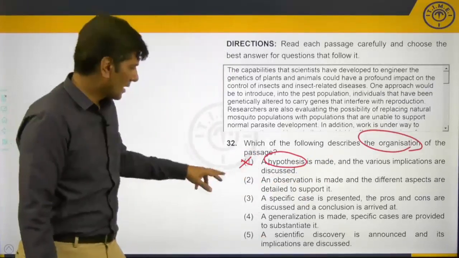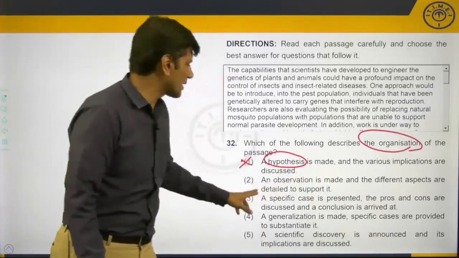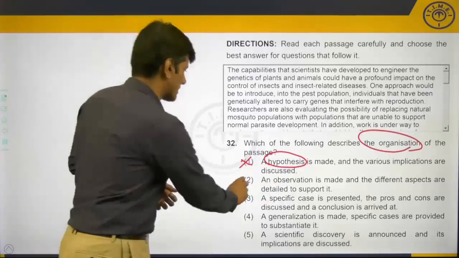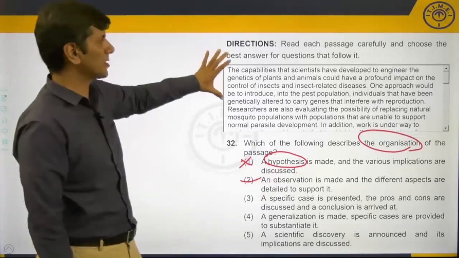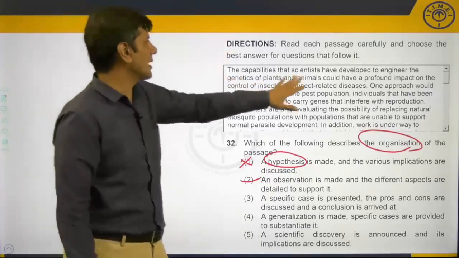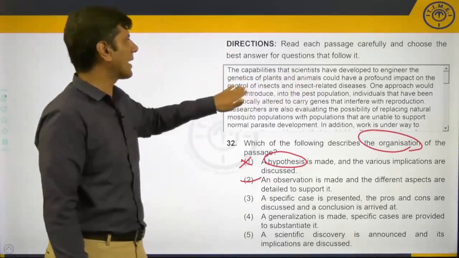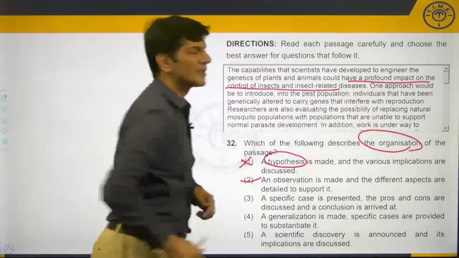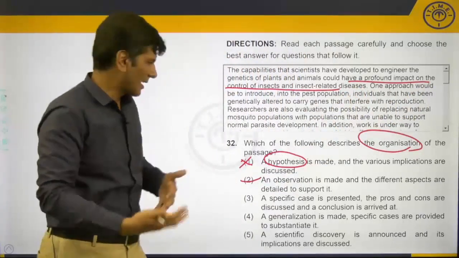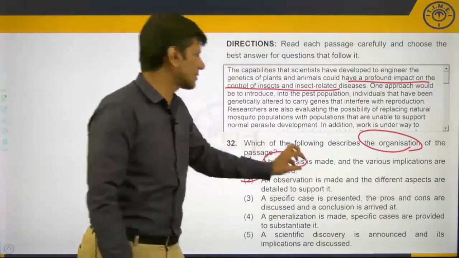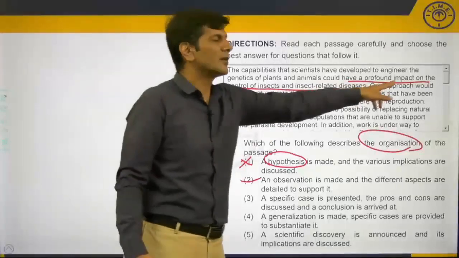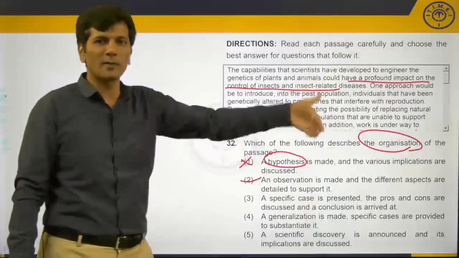Second one. An observation is made and the different aspects are detailed to support it. Well, yes, this makes complete sense to us because that's how the passage also starts. The capabilities, and so on, could have profound impact on control of insects and insect-related diseases. That's an observation. And different aspects are detailed to support that observation. How these could actually be having a profound impact has been discussed by various procedures mentioned.